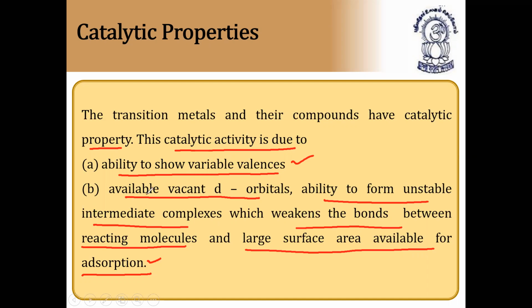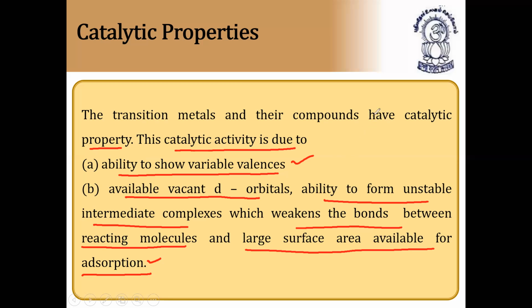These three points they will ask in the entrance examination: which of the following is true regarding transition metal catalysts. So they have the ability to show variable valencies, availability of vacant d orbitals, ability to form unstable intermediate complexes which weaken the bonds between reacting molecules, and large surface area available for adsorption. So these are the basic reasons for the transition metals being used as catalysts.